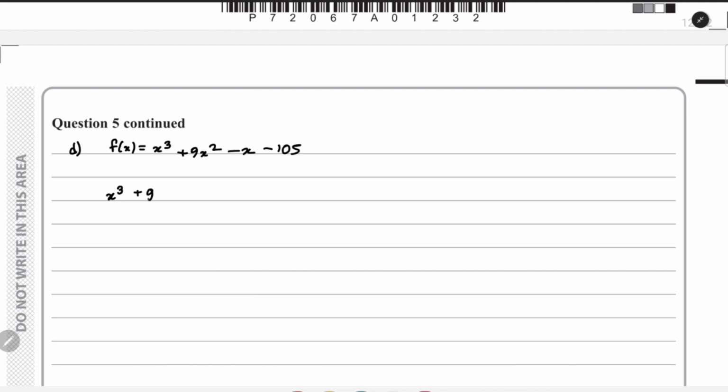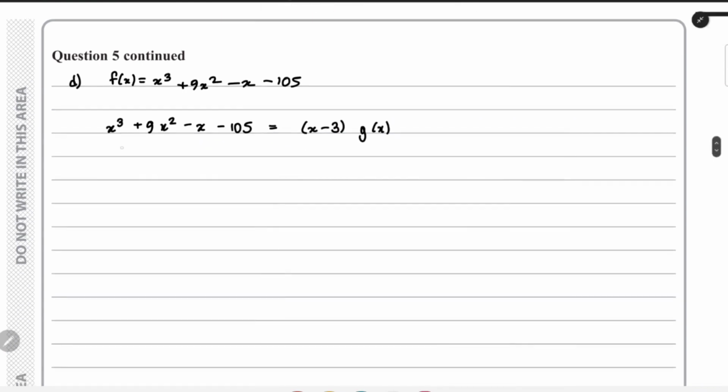So f of x on the left is equal to x minus 3 times g of x. So g of x would be x cube plus 9x square minus x minus 105 divided by x minus 3. Here we can use long division.